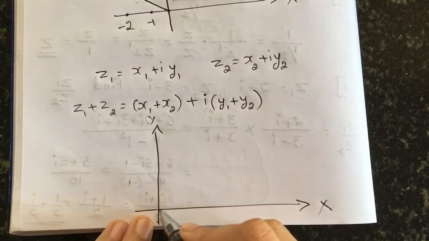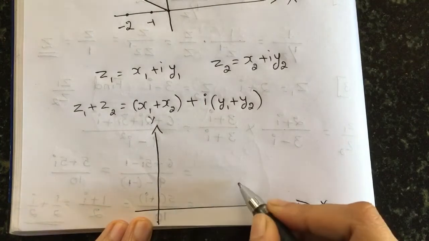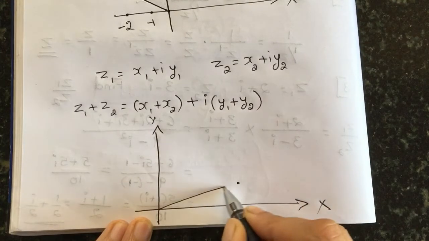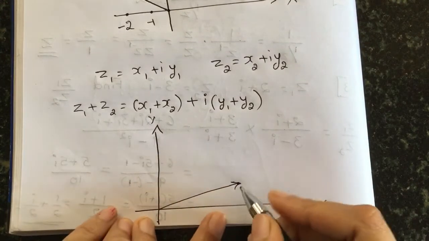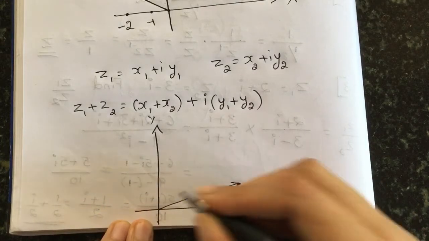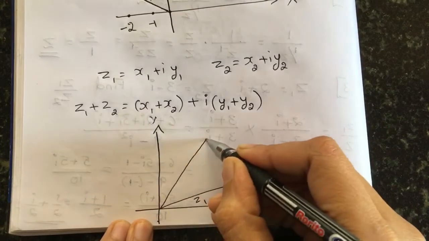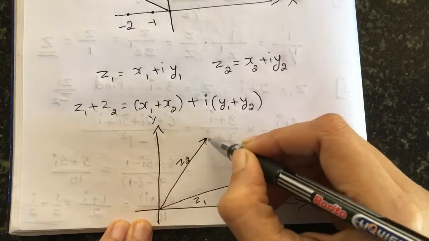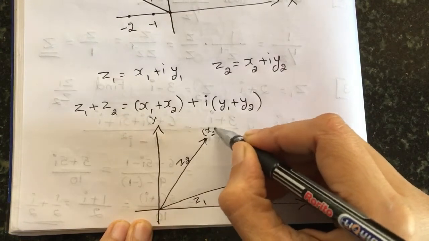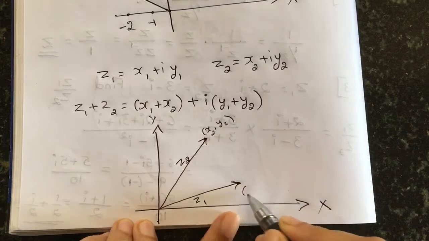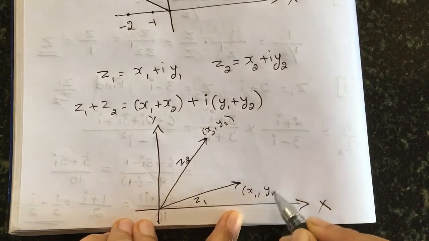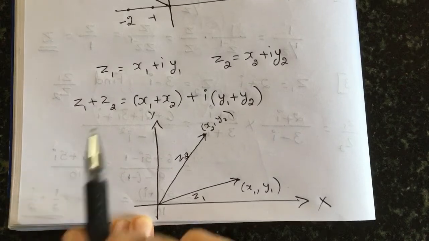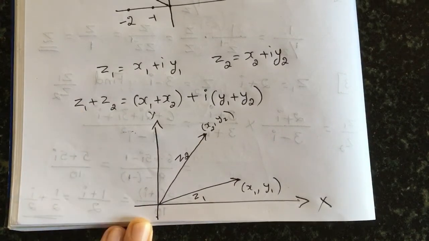Now say z1 is over here. This is the complex number z1, and say this is the complex number z2. This point is (x2, y2) and this point is (x1, y1). Now I want to draw z1 plus z2.